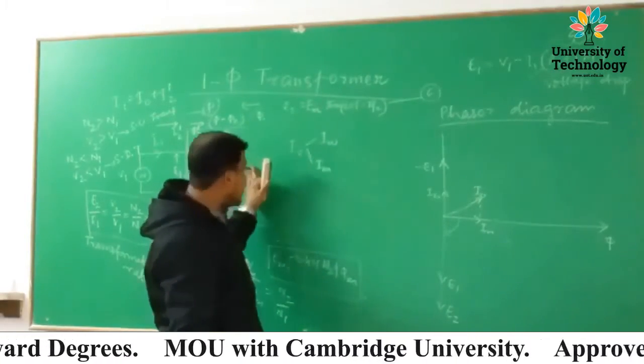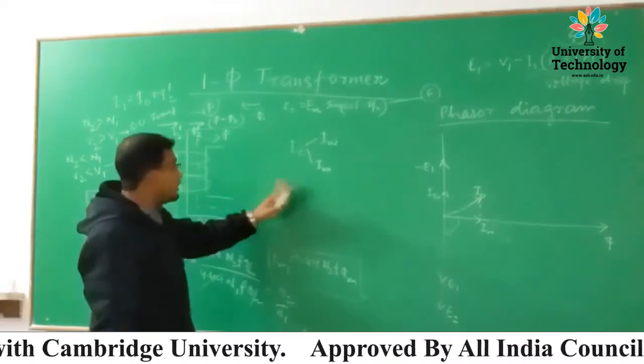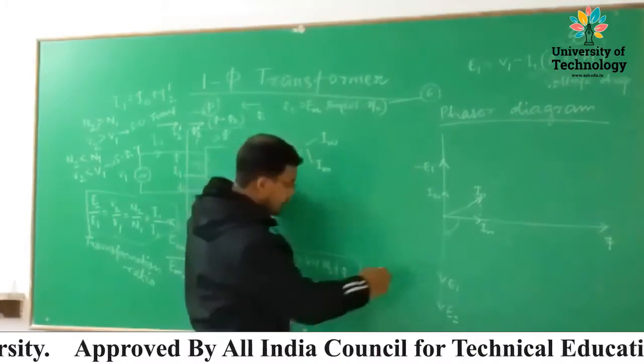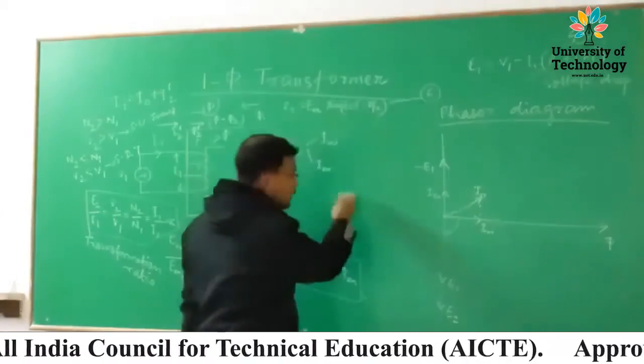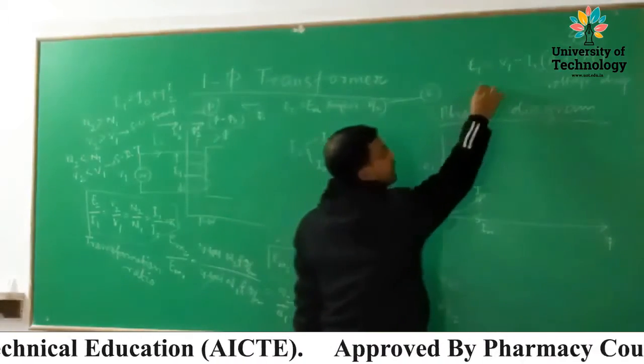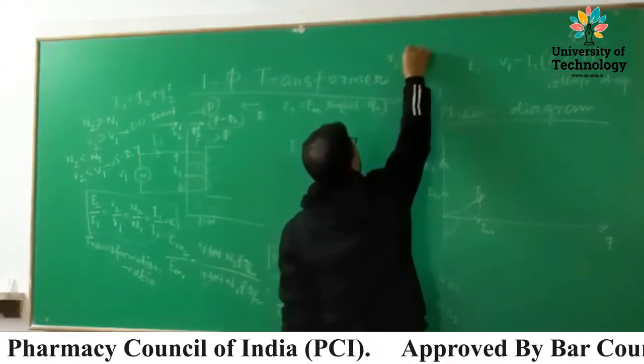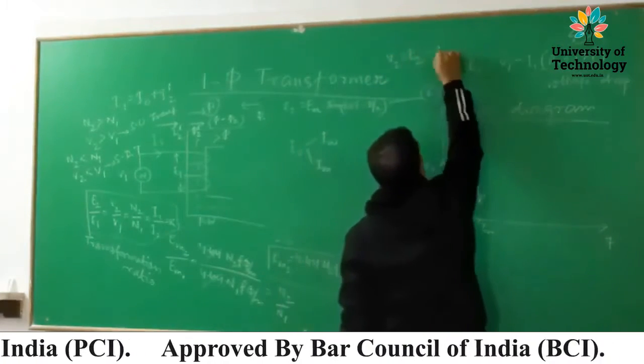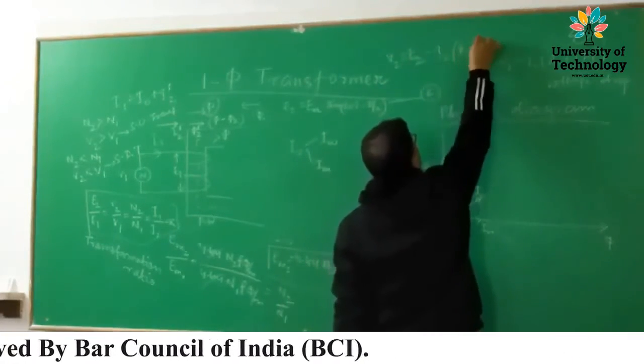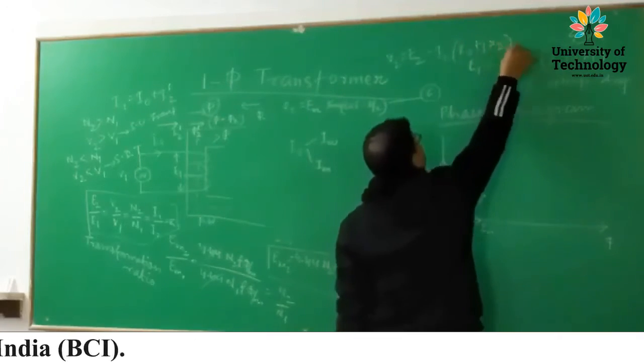Now when we consider the V1 side, similarly, as we have written this equation, we can write V2 is equal to E2 minus I2 into (R2 plus jX2).